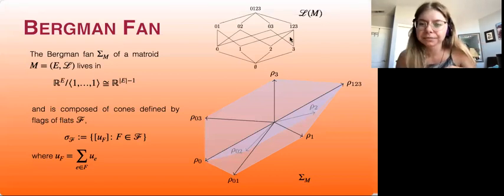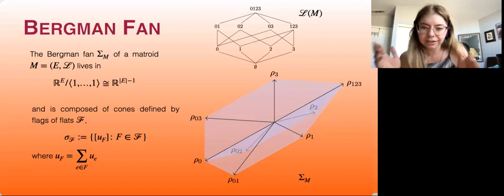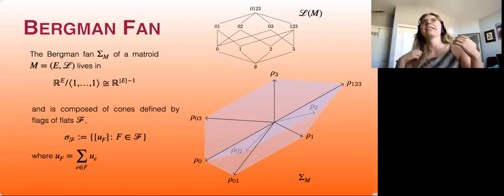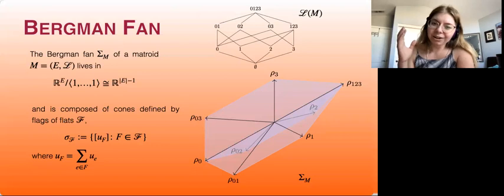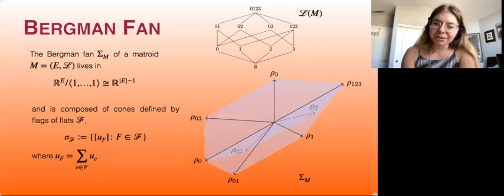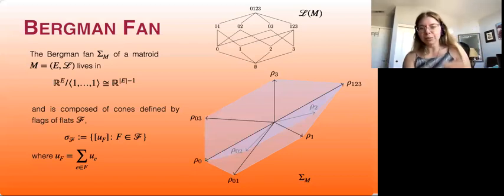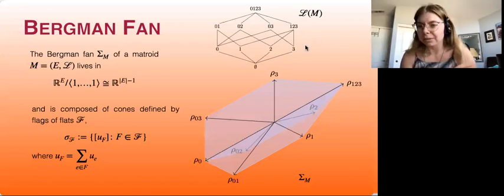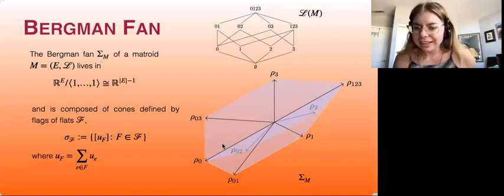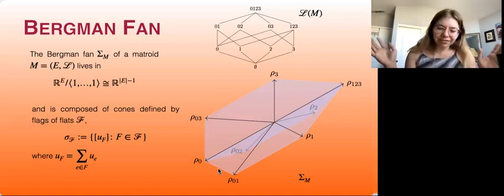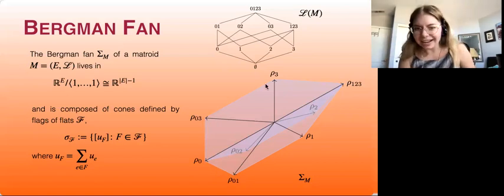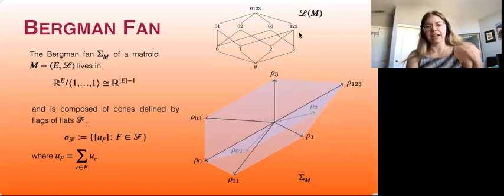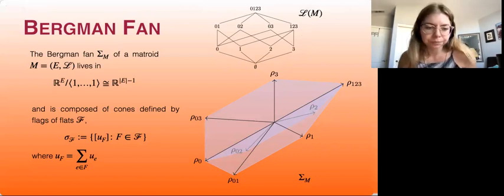And the top of our lattice, the flat that's the whole ground set, would correspond to the all ones vector, so that's in our quotient. What we're left with are all of the non-empty proper flats, and they are exactly the rays that we have here. So ray 0 here, everything makes sense, hopefully. I have 8 rays, 8 non-empty proper flats, so flats in ranks 1 and 2.